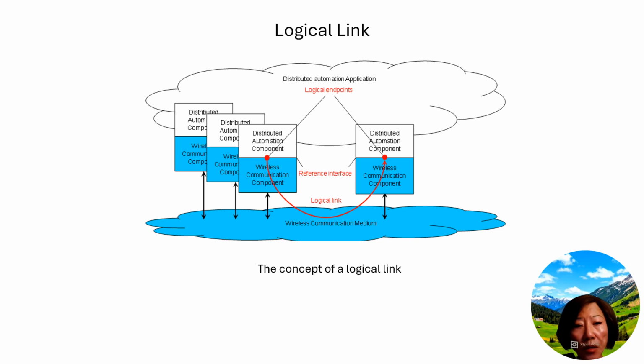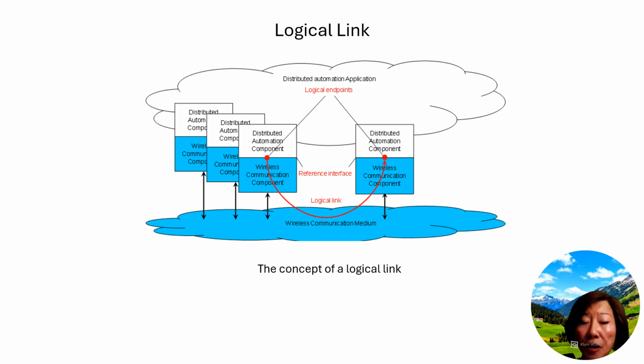So a logical link connects a logical endpoint in a source device to a logical endpoint in a target device. These logical endpoints form part of the reference interface and may group multiple logical endpoints together.